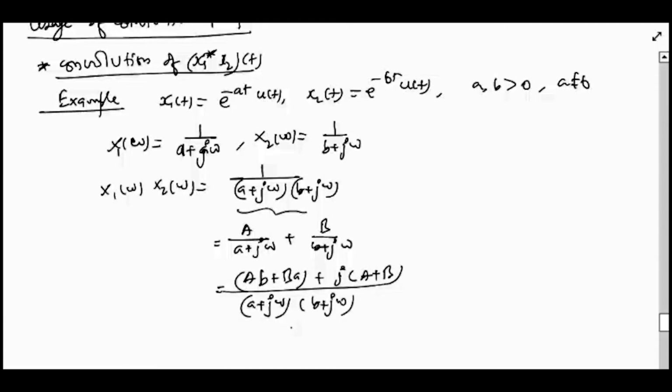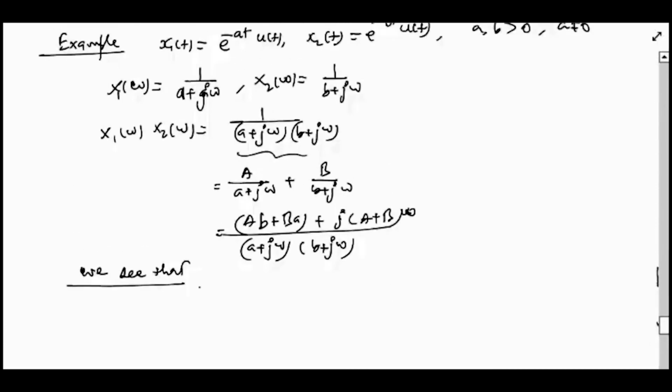If we equate the constants and multipliers of omega, we see that Ab plus Ba is 1, whereas A plus B is equal to 0.